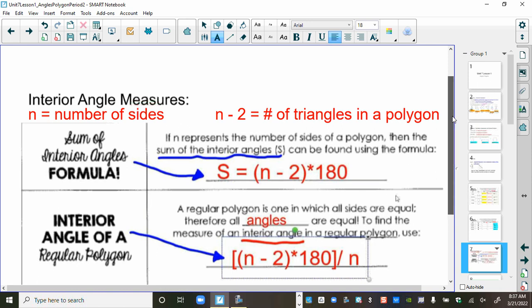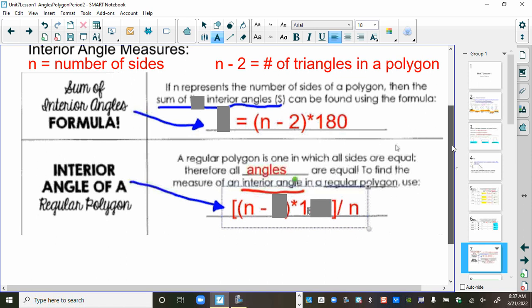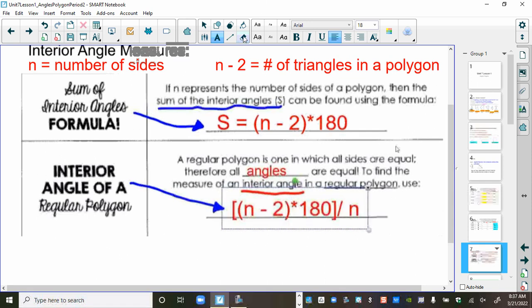Now, for this other rule, the key word is that it has to be a regular polygon for this to work. Does anybody remember from what we talked about earlier, what is a regular polygon? We know about the sides and the angles of a regular polygon. All equal. So that might be something you want to write down, especially for anybody who came in late today.